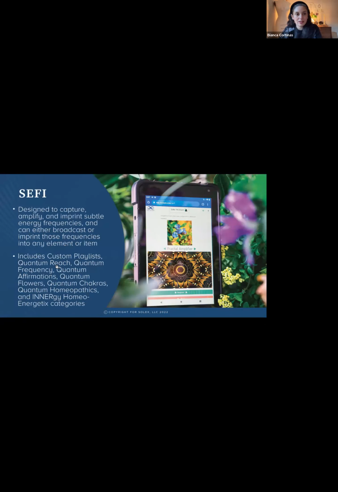All right. And then there is the Cepheid. This is one of my favorites too. Yeah, me too. Cepheid stands for Subtle Energy Frequency Imprinter. It is designed to capture, amplify, and imprint subtle energy frequencies, and it can either broadcast them or imprint them into elements or items.